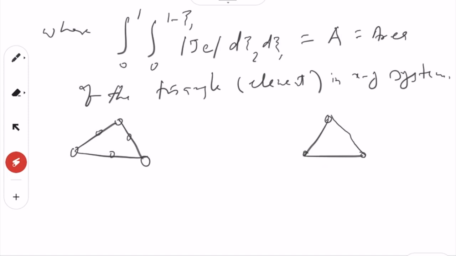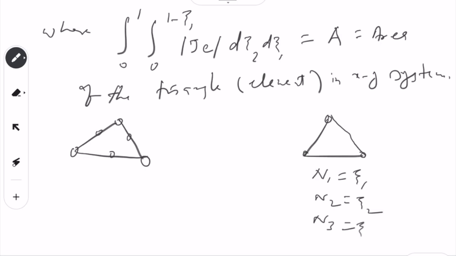Here in the 3-noded case we had N1 equal to xi 1, N2 equal to xi 2, N3 equal to xi 3, which is equal to 1 minus xi 1 minus xi 2. Here we will have six of them, N1 to N6.